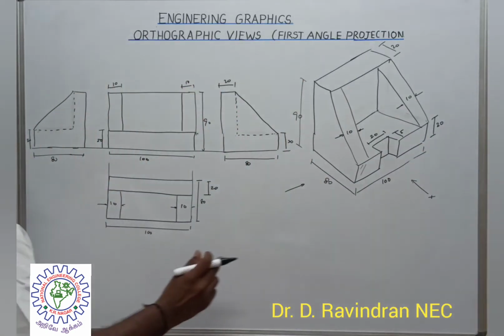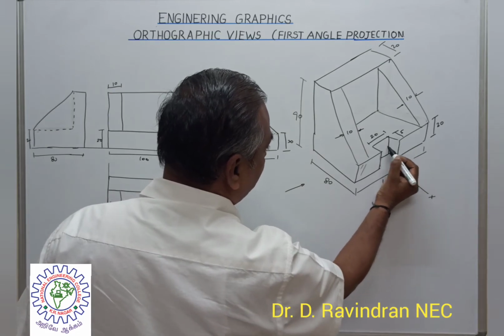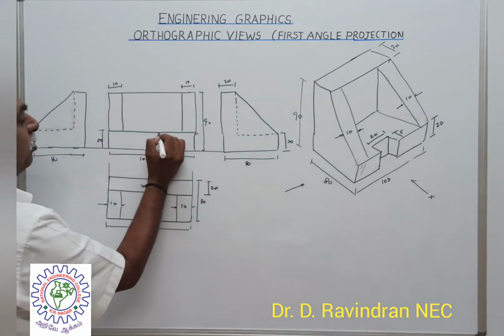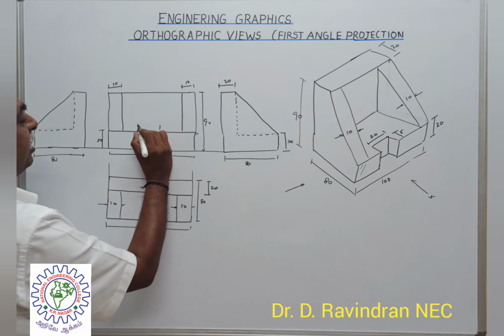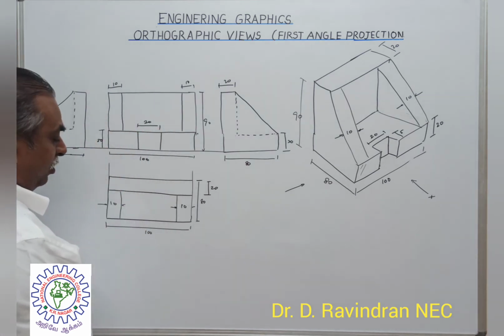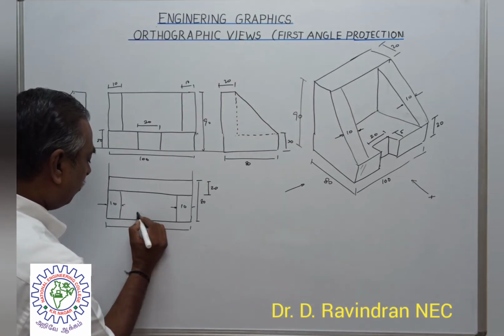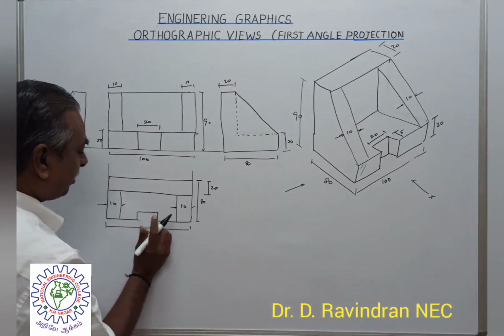So here, when you see from the front, this edge we can see, this edge we can see, but this edge will exactly coincide with this. So here we will be getting two lines only in the front view, the width of 20 mm, but the depth we cannot see in the front view. Whereas in the top view, for the same groove we can show like this, but this line will be missing.